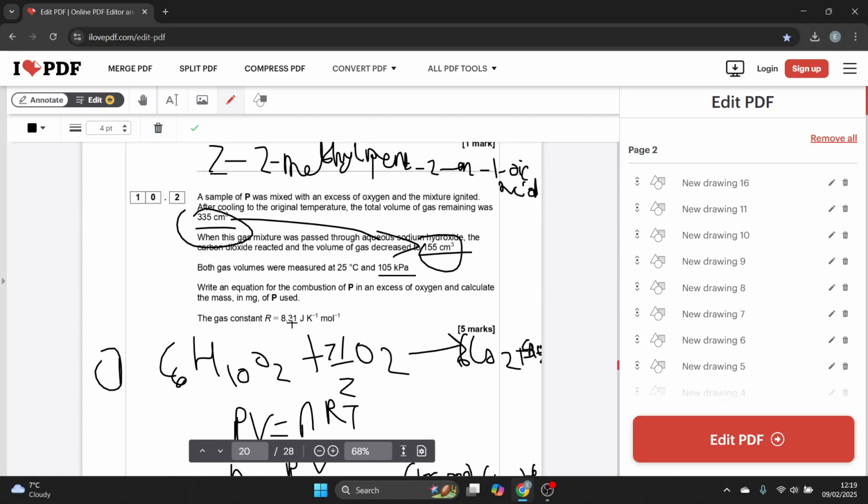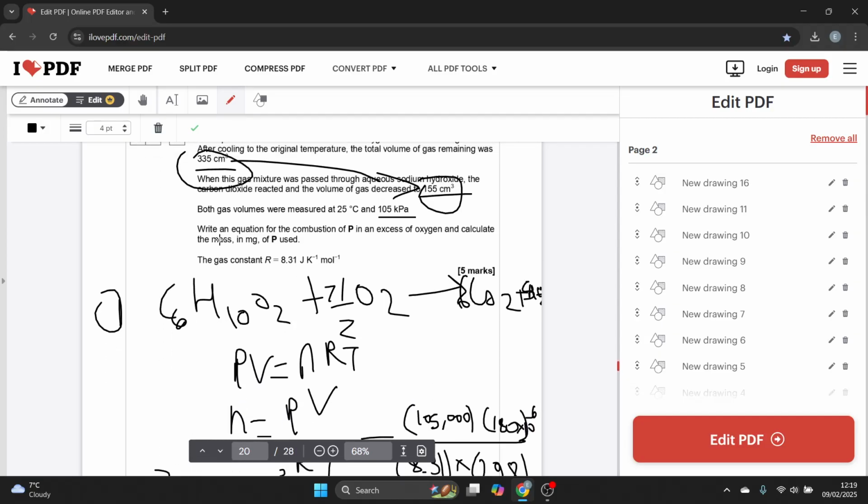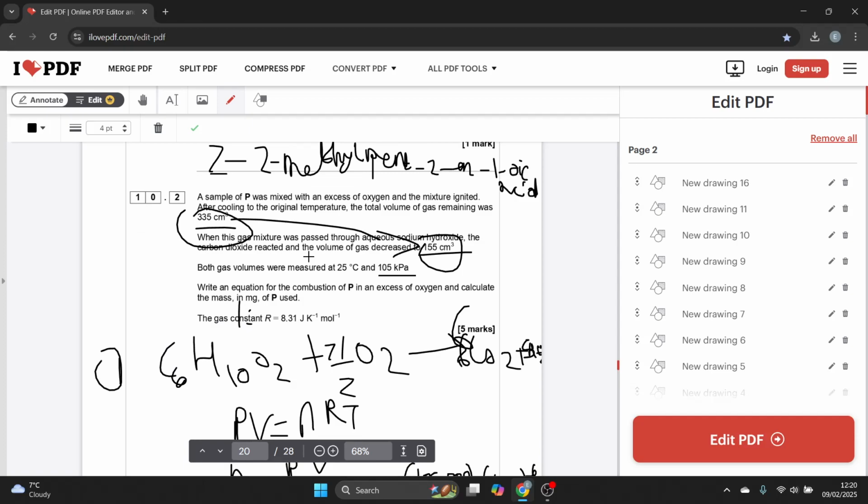Well, if I look at the equation, it's a 1 to 6 mole ratio. So if I work out the moles, I'm working out the moles of the gas, right? I'm not working out the moles of P, because P is not a gas. So that would give me the moles of the carbon dioxide.